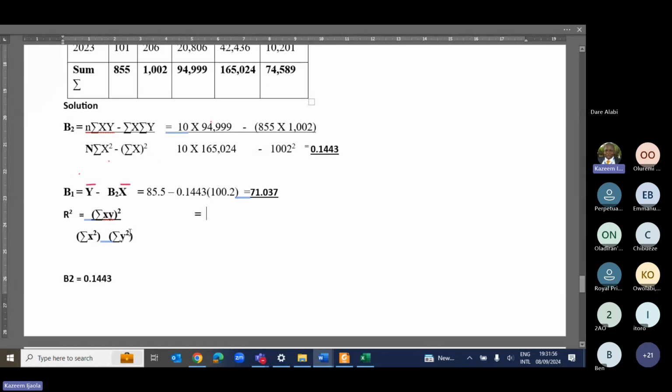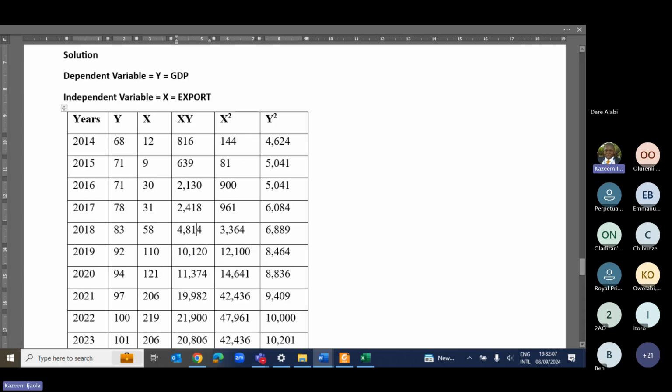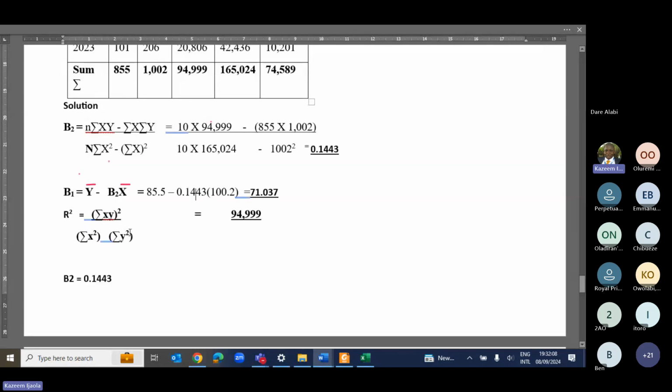Then you divide this by summation x square, this one, multiplied by summation y square, which is 74,589. So your answer should be this.